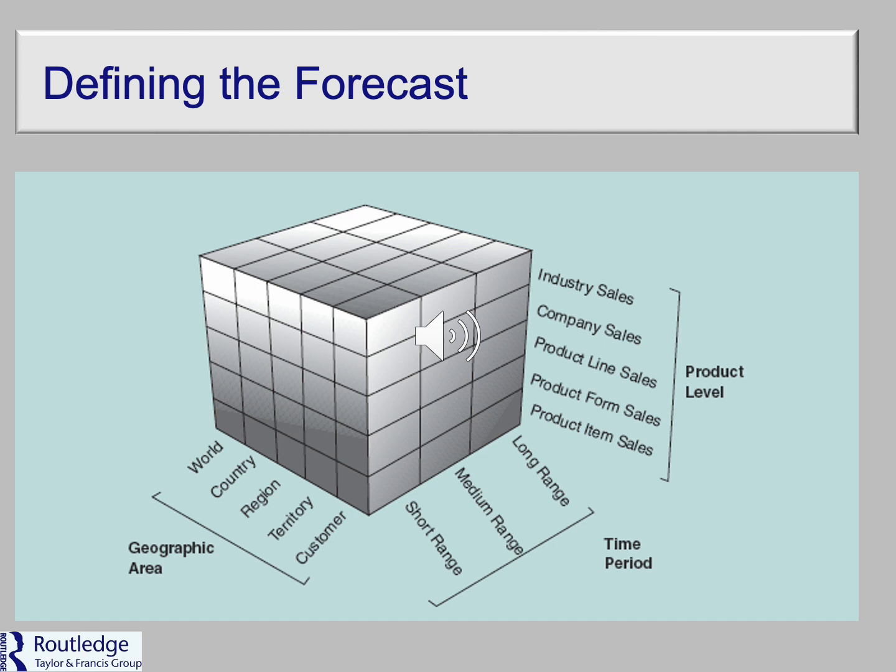This model on the slide represents about 90 different potential forecasts based on these different dimensions pairing up. Managers need to be specific with the geographic area, the time period, and the product level for a forecast to provide valuable and accurate information on which top management and sales managers are making decisions.